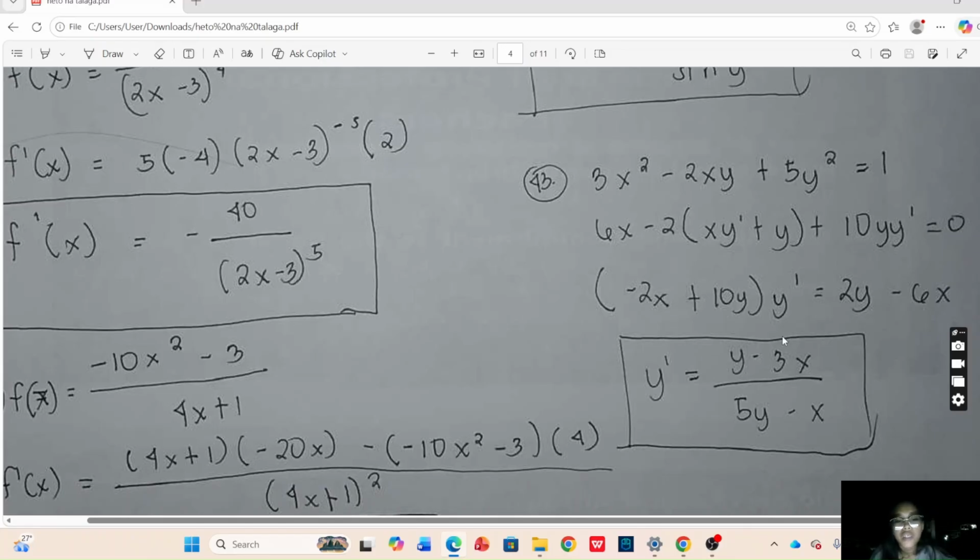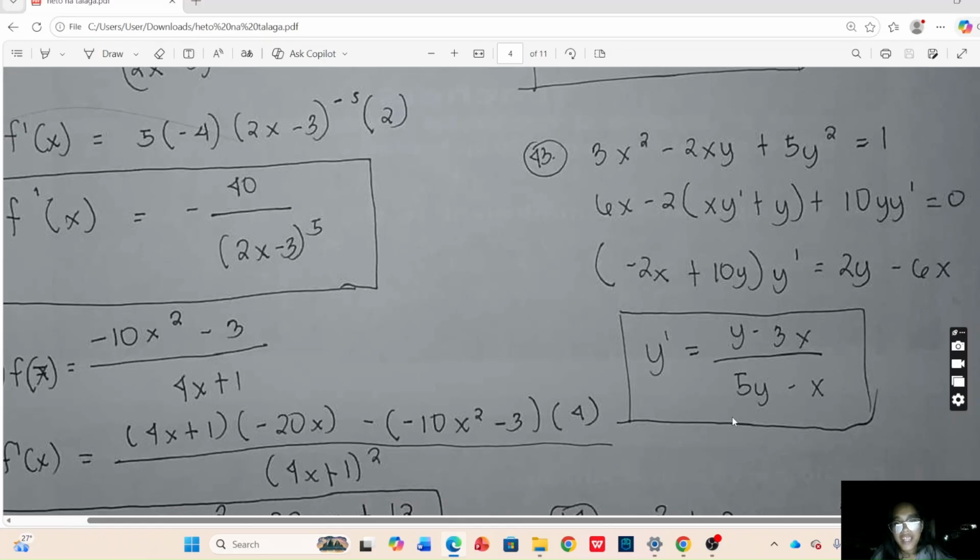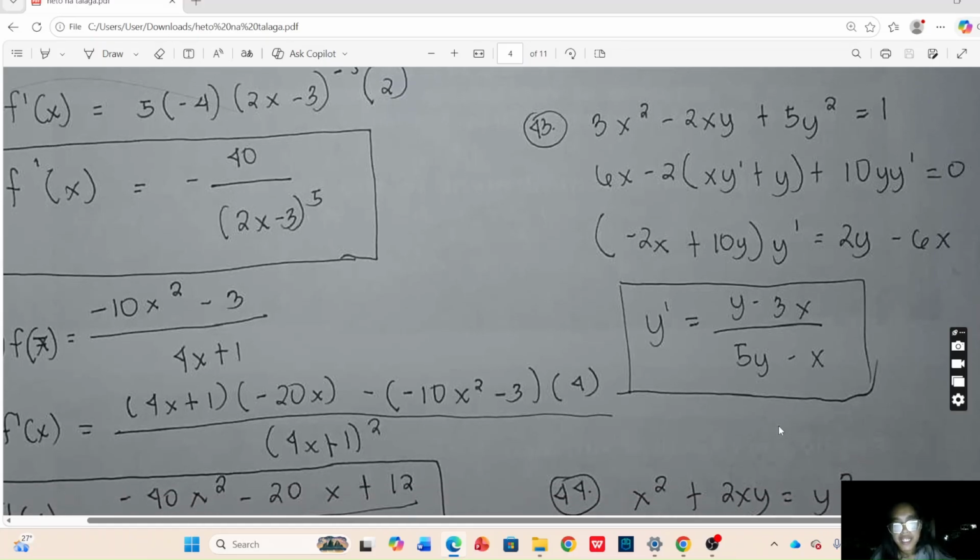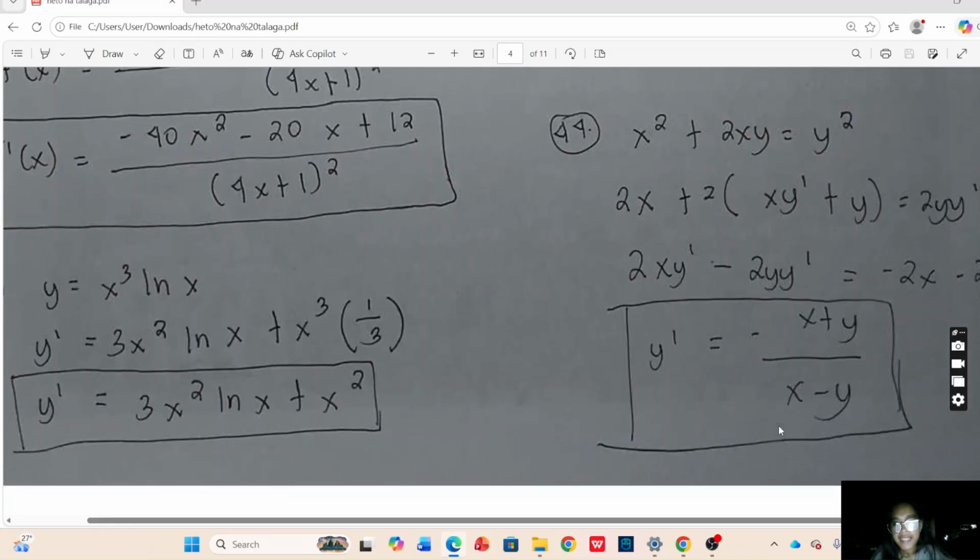For the term 2xy, we have to apply the product rule and group all y prime terms together and factor. After factoring, we have to solve for y prime. That's why our answer would be y prime is equal to y minus 3x divided by 5y minus x.